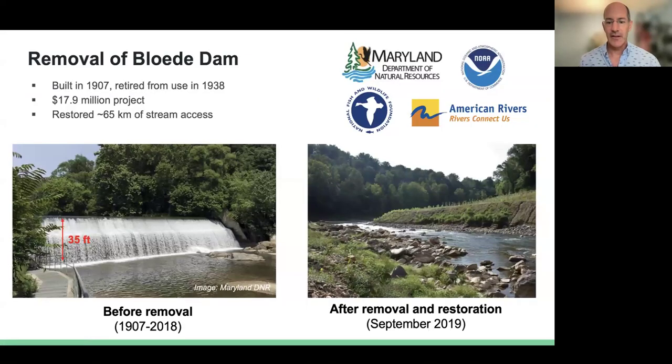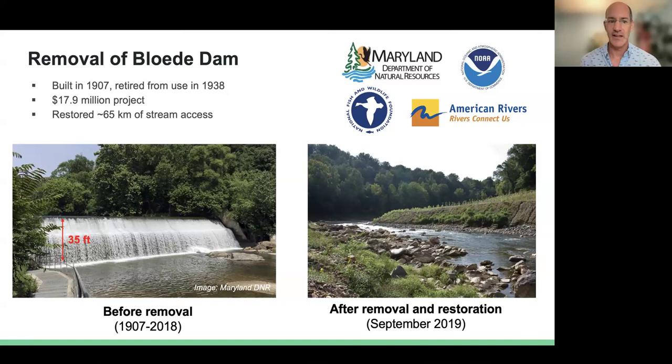On the Patapsco River, the dam removal in particular that we've been studying for the last almost 10 years was the removal of Bloede Dam, which was taken out by Maryland Department of Natural Resources and American Rivers and a whole bunch of different partners in 2018 and 2019.